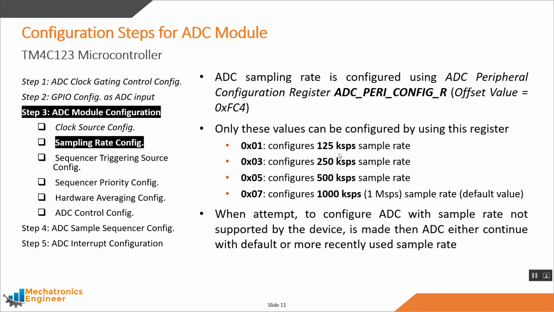Remember, these values are kilo samples per second. The maximum sampling rate that we can have at this ADC module is 1000 kilo samples per second, or 1 million samples per second. It is very important to note that when we attempt to configure the ADC with a sample rate that is not supported by the device, then the ADC either continues with the default or most recently used sample rate.